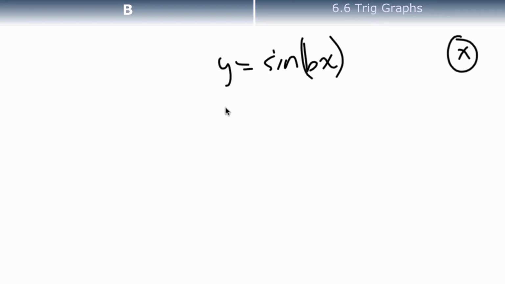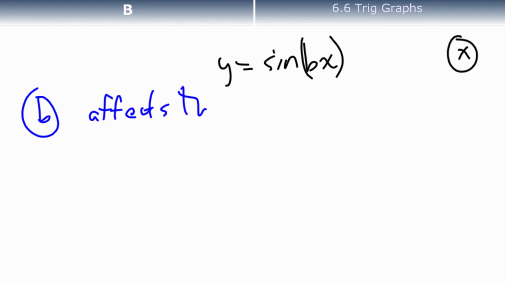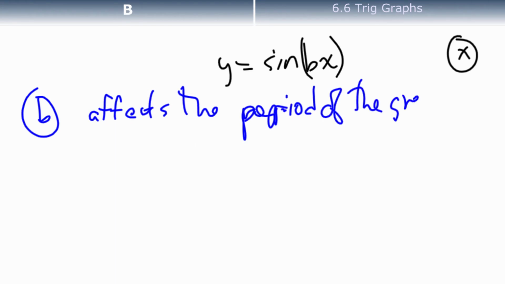Let's sort of put that down here. So B, what does B do? The first thing is that it affects the period of the graph. And to determine what the period is, the period isn't equal to B. You can't just say, well, the B's period.